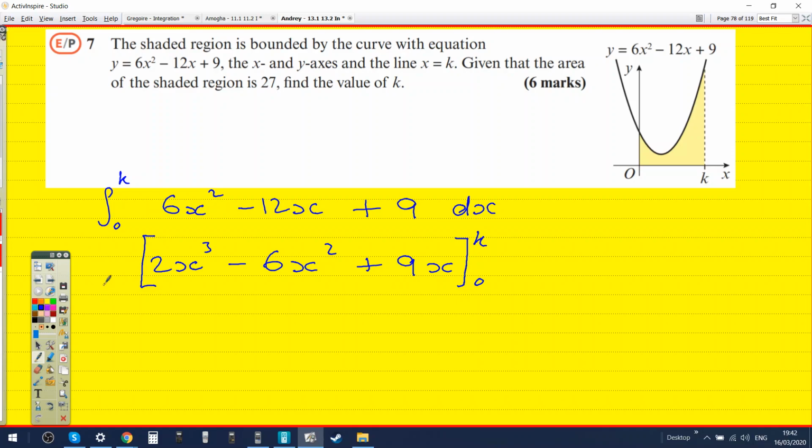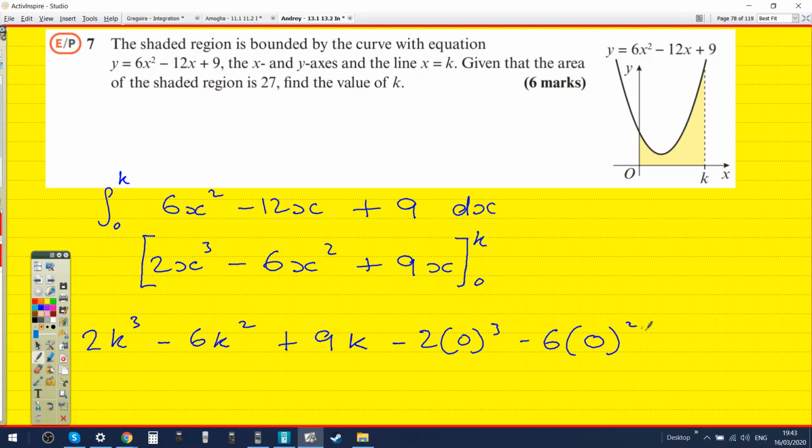Okay. And then, so that would be 2k cubed minus 6k squared plus 9k, minus 2 times 0 cubed minus 6 times 0 squared plus 9 times 0.